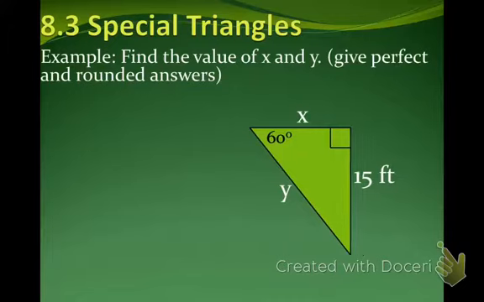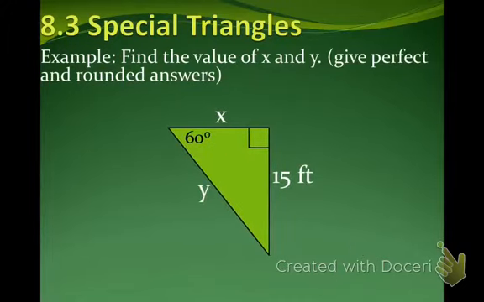All right, so let's take a look at an example. If I want to find these values or these missing pieces, we can use these rules to do that. So I know this is a right angle. I know this is 60 degrees, which just based on what I know about triangles tells me that this top angle is going to be 30. Now, we know based on our 30, 60, 90 rules that the side across from the 30 degree angle is always going to be equal to S or X or A, whatever we'd like it to be.